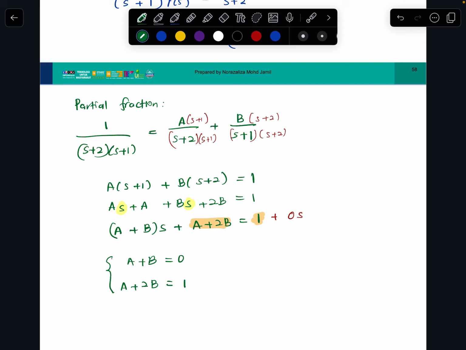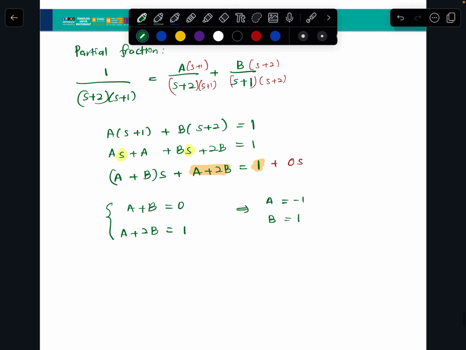So this is a system of equations where you have two equations with two unknowns. Solve this by using simultaneous equations, and you can use your calculator, and then your result can be found like this: a equal to minus 1 and b equal to 1.